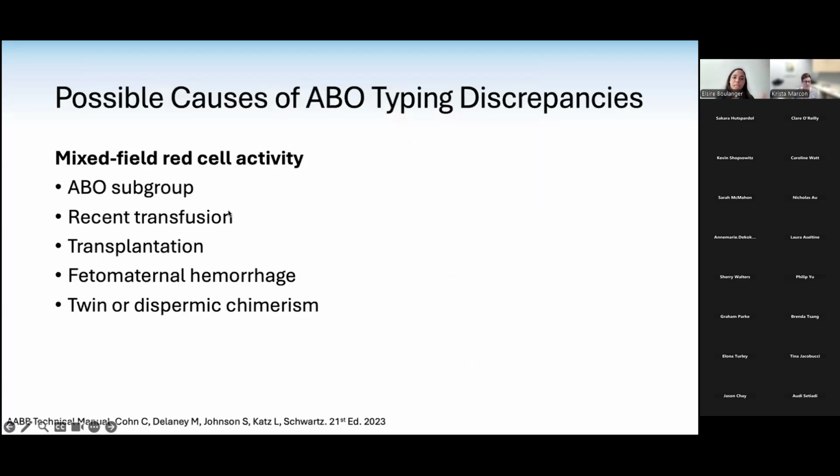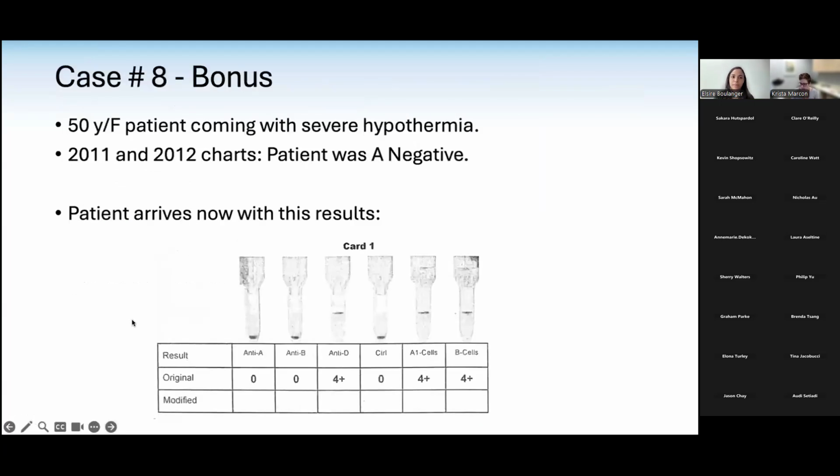So causes of mixed field red cell reactivity include ABO subgroups, recent transfusion, transplant, and fetal maternal hemorrhage. Let's say the mother is A positive, but the baby is O positive, and there's a fetal maternal hemorrhage; I can have mixed field. There are also the very rare cases of chimerism of twins or dispermics. And in these bonus cases, this can happen as well.